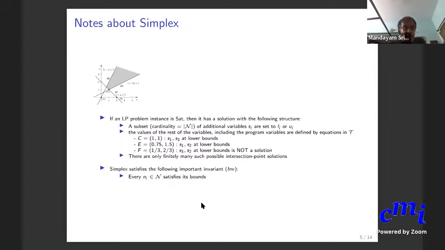Another observation about the simplex procedure is that simplex always satisfies the following important invariant: every variable satisfies its bounds. Maybe right at the beginning, in the initial state, it may not. As I told you, first you'll always update all the program variables which have bound constraints on them right at the beginning to bring them to their bounds.